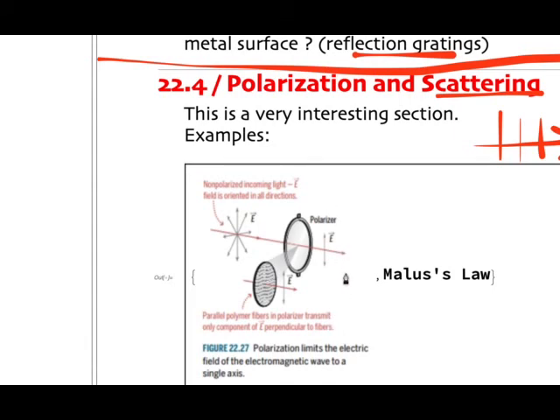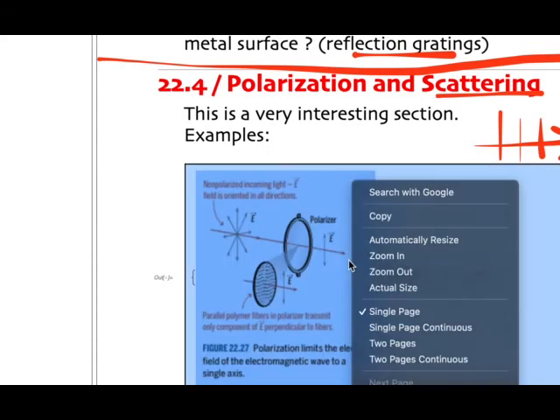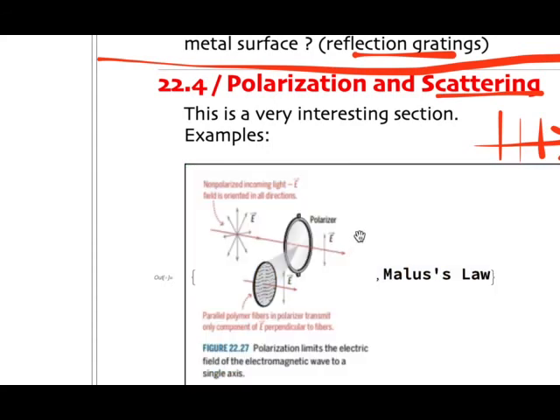Polarized light has some interesting properties compared to unpolarized light. If you put a second polarizer here, you can cancel the light if the second polarizer is perpendicular to the direction of the first polarizer, because the first polarizer cuts out all of the oscillations in one direction, leaving only the perpendicular direction. The second polarizer cuts out all the light with that direction of oscillation.